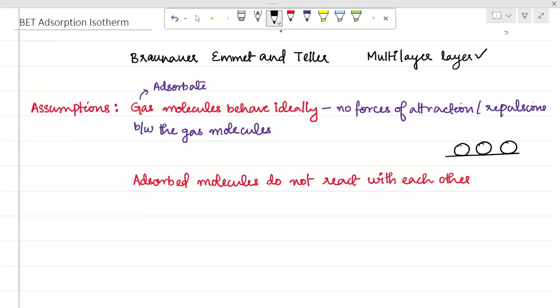Once they are adsorbed, they do not interact with each other. And even before the adsorption, they do not interact with each other. They behave ideally is what is postulated.